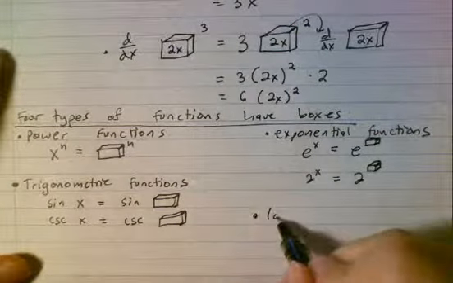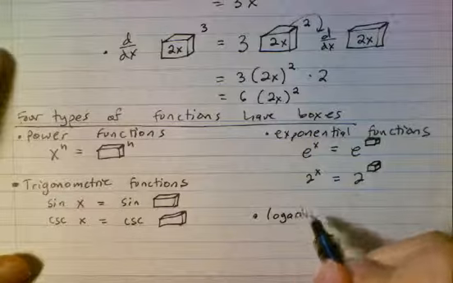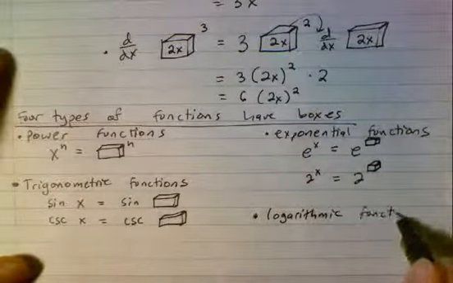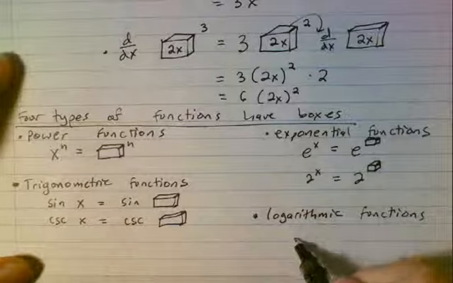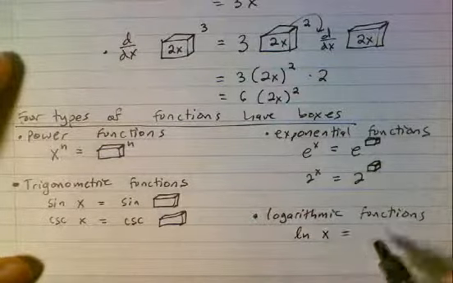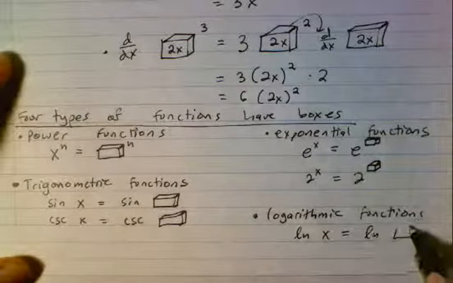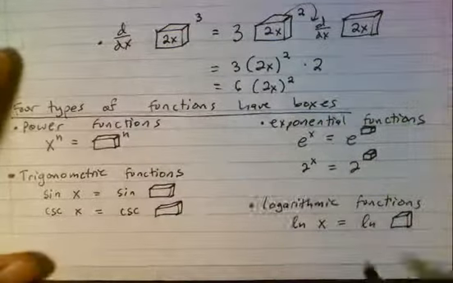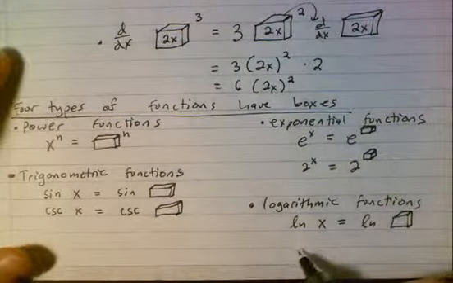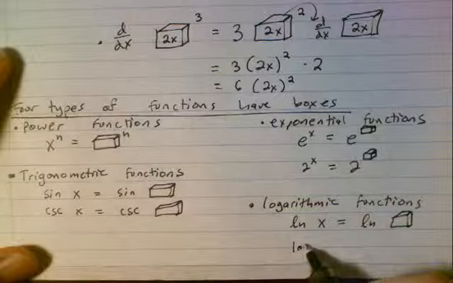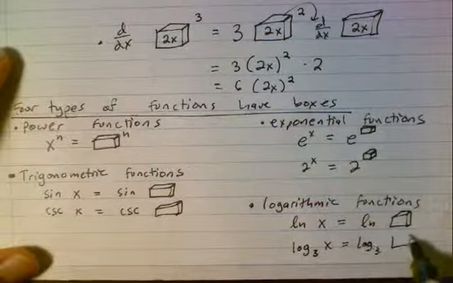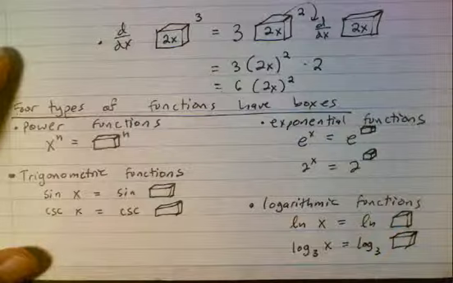And then finally, logarithmic functions. Natural log of x. We see that, we should think natural log of the box. Or something like log base 3 of x, we should be thinking log base 3 of a box.